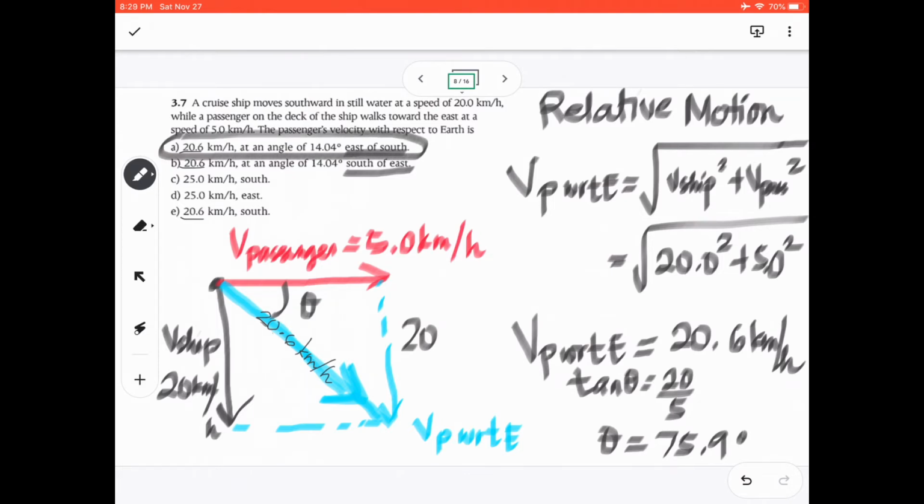Okay, because if this theta is equal to 75.9 degrees, so you subtract 90 minus 75.9, you will get 14.04 degrees. But this direction is east. This is east of the south direction. Therefore, your answer is letter A.